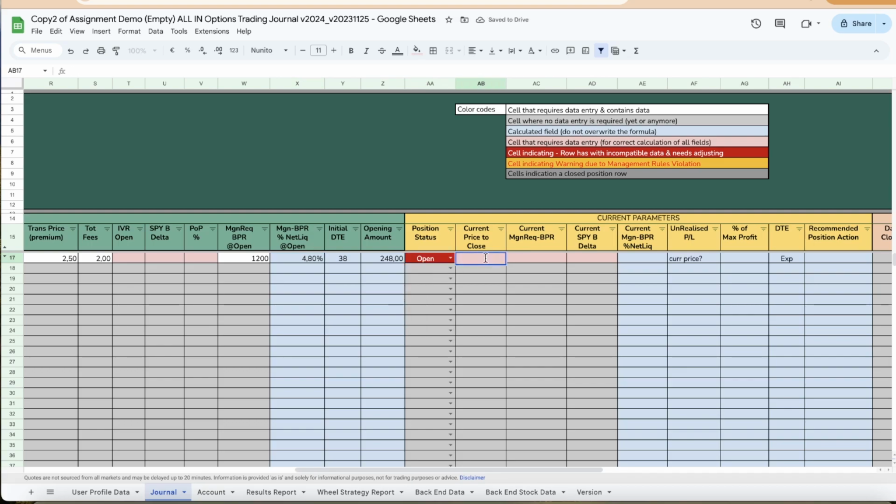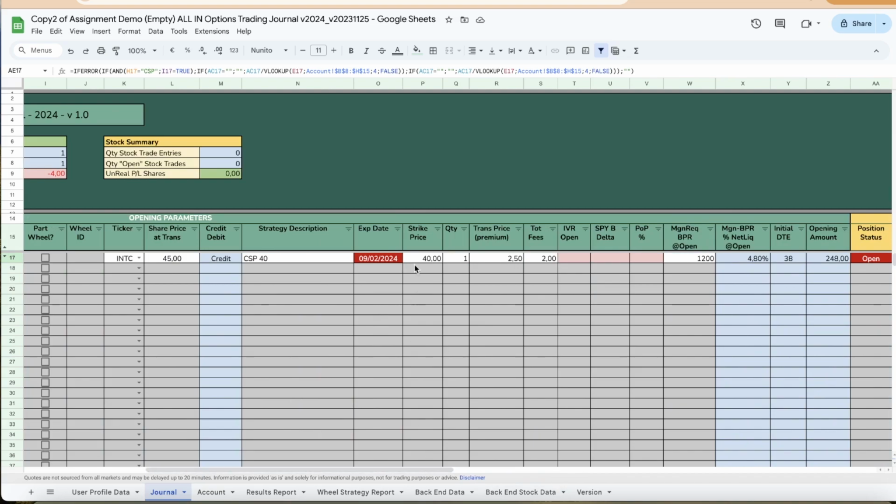Initially, I will put 250 here and 1200 as the margin requirement, or BPR. And let's say it's a positive delta in this case, let's say 4, for example. As you can see here, the status is marked in red, the open status, because we are today the 18th of February and the expiration date is the 9th. So the spreadsheet actually indicates that.